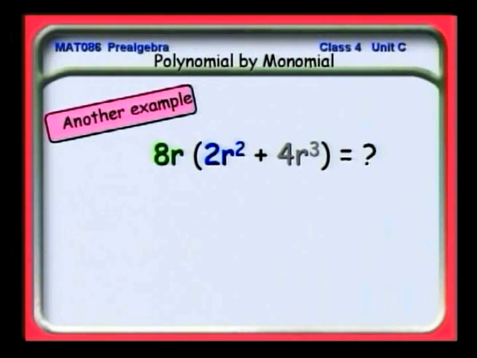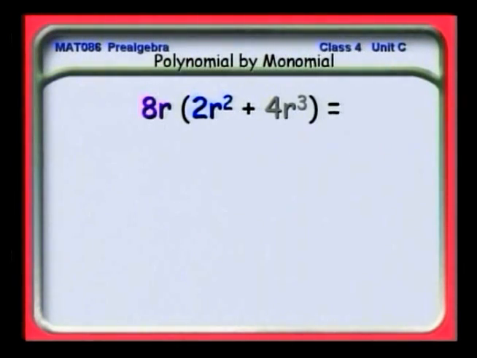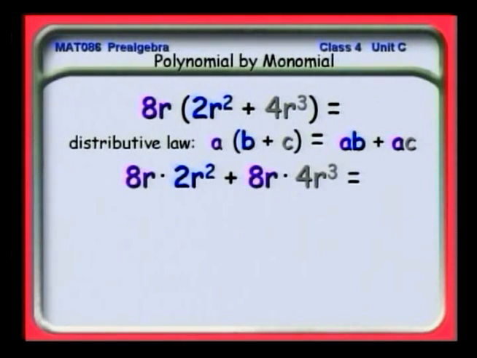Here I have 8r times the quantity. Notice that there's a plus there, so that 2r squared plus 4r cubed is not a monomial, it's a binomial, which of course is a subset of a polynomial. I can't add those, I can't multiply it directly because of that addition term. Here's what we do. We use the distributive law, and I multiply both of those terms by the 8r.